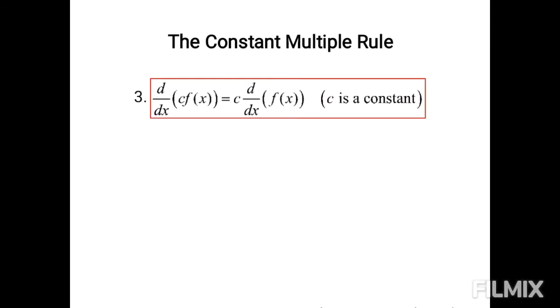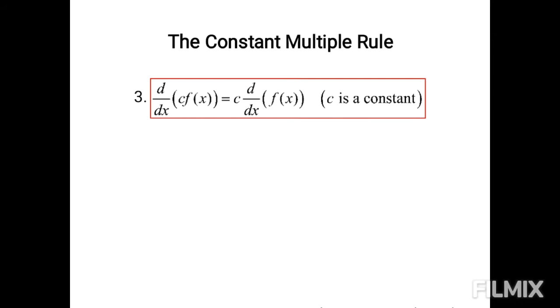Now we are on our third rule, which is the constant multiple rule. It goes like this. If f is a differentiable function of x and c is any real number, then c times f of x is also differentiable at x.